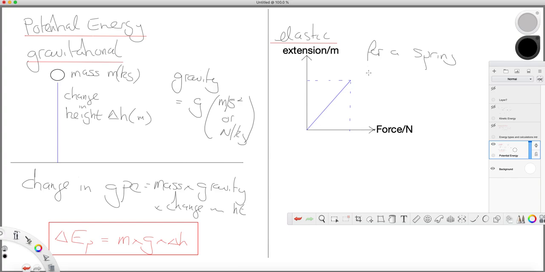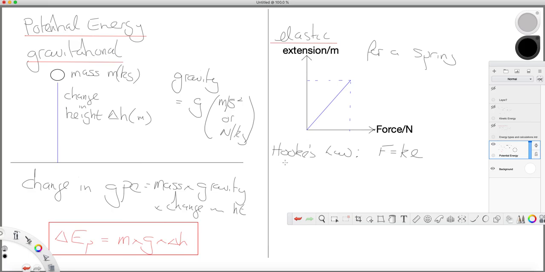It gave us Hooke's law, you'll recall, which was that the force is some constant, the spring constant, times the extension.